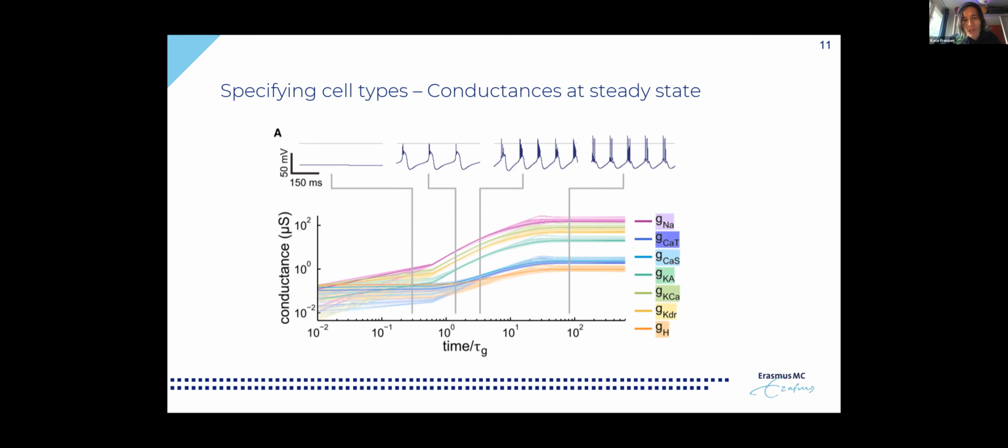At the start of the simulation, at the very left of the graph, these 20 simulations will start at random values, and throughout time, you can see that the model with the formulas we just talked about is actually able to self-regulate itself to a steady state of conductances. All the conductances converge, as you can see, to certain points on the right. And if you look at the top, you can see the phenotype changing, and all the way to the right, we have achieved a steady state bursting firing neuron.